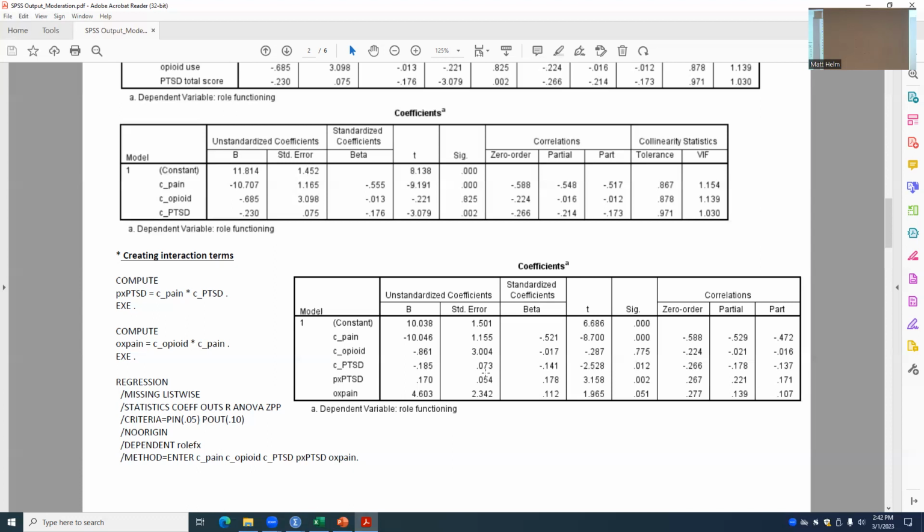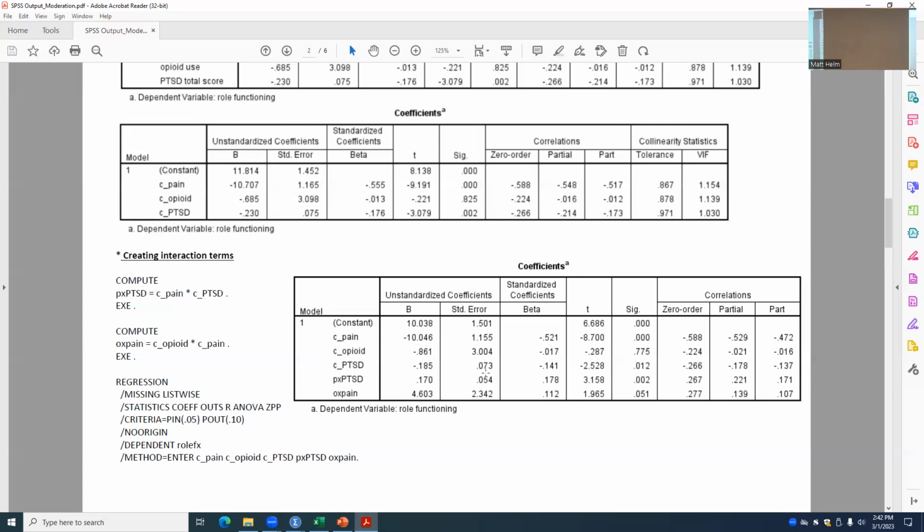The effect of pain on role functioning depends on opiate use, and also on PTSD. The effect of PTSD on role functioning depends on pain, right? So now the values of my other variables start to impact this. As I'm looking at this, I would say this is the unique effect of pain on role functioning at average levels of PTSD, right?